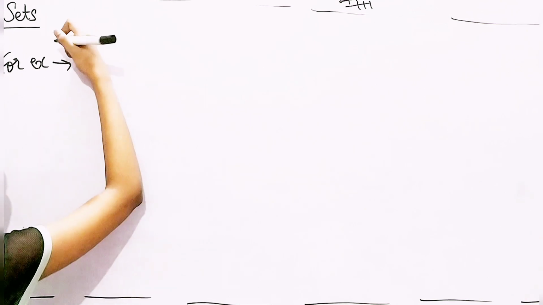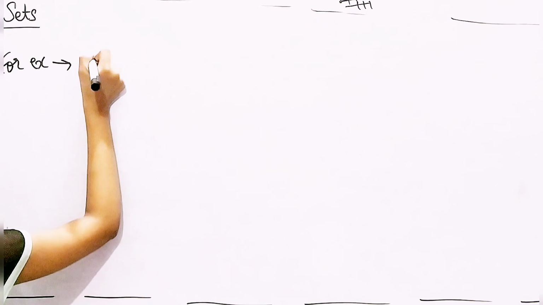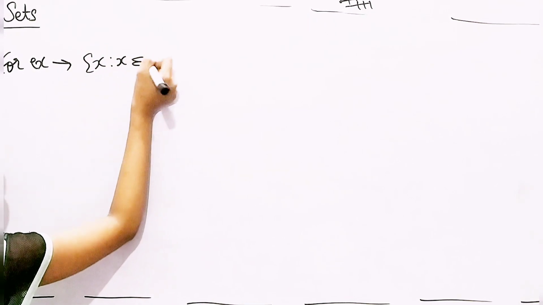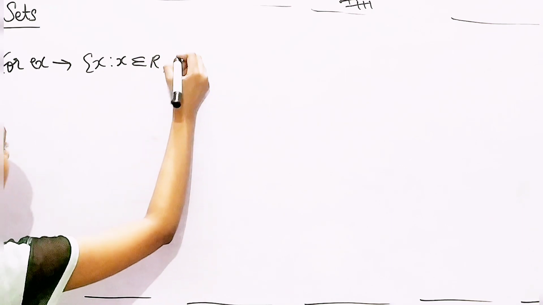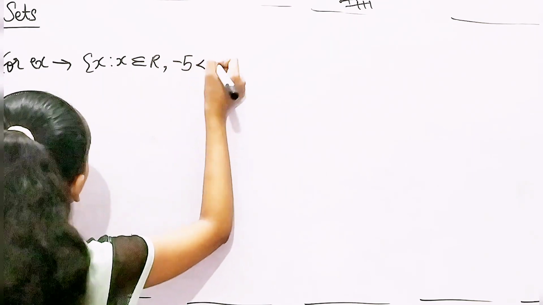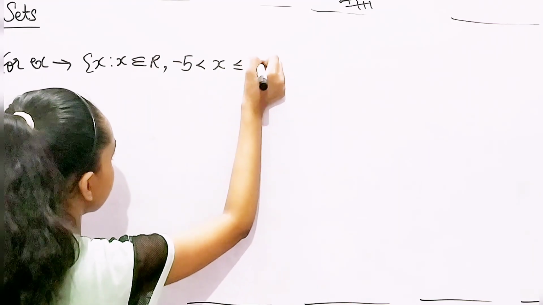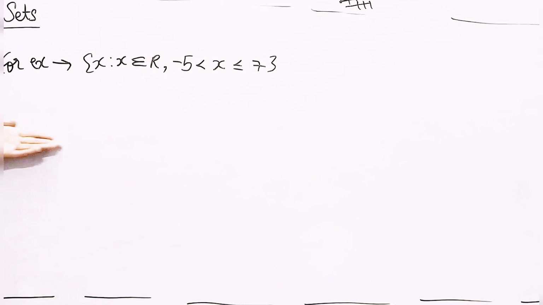We have a set R, which is the set of x such that x belongs to the real numbers, with -5 smaller than x, and x smaller or equal to positive 7. Have a look.